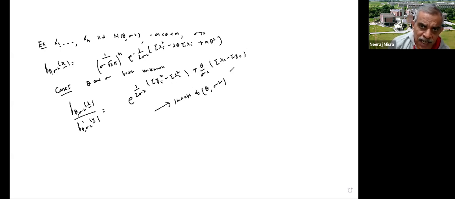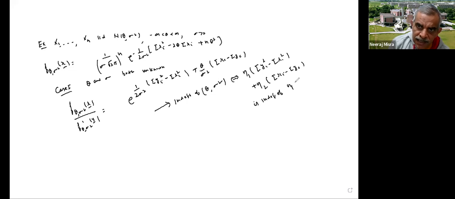This would be independent of theta and sigma square if and only if, let me say, eta 1, which I take as 1 by 2 sigma square, times summation yi square minus summation xi square, plus eta 2, which I take as theta by sigma square, times summation xi minus summation yi, is independent of eta 1 and eta 2, for every eta 1 greater than 0, because 1 by 2 sigma square is greater than 0, and eta 2 theta upon sigma square, because theta is the mean, ranges from minus infinity to infinity.